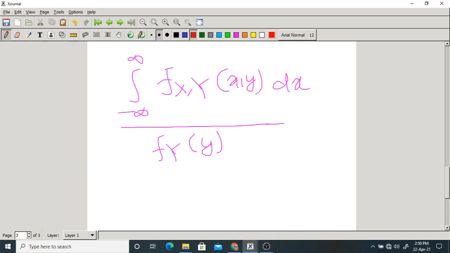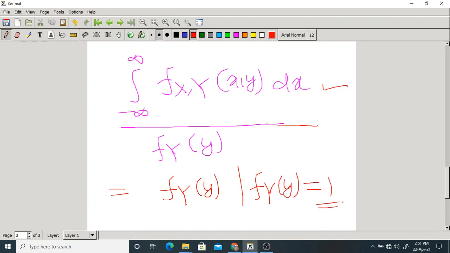Now what does the numerator become? This is the joint PDF, and we are integrating with respect to x. You will get the marginal fy of y. So fy of y divided by fy of y equals 1.